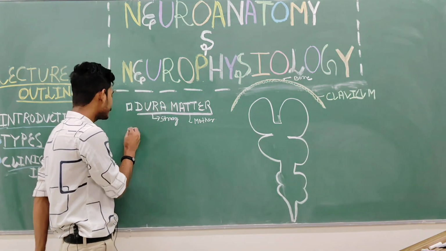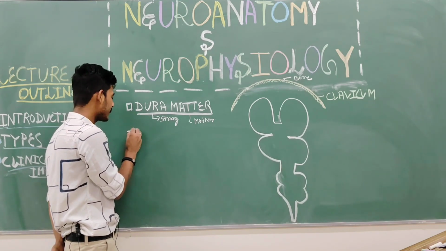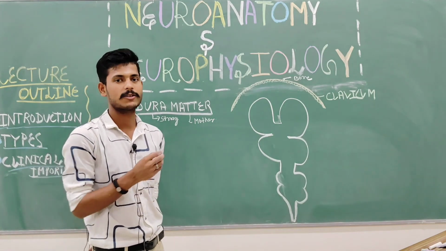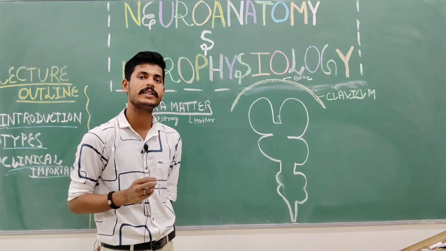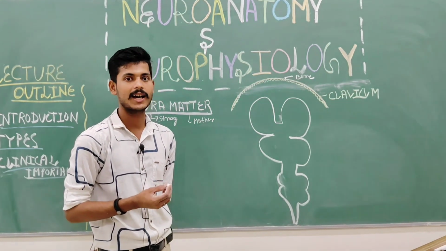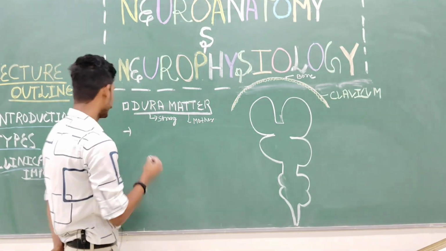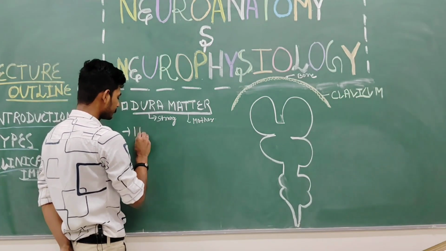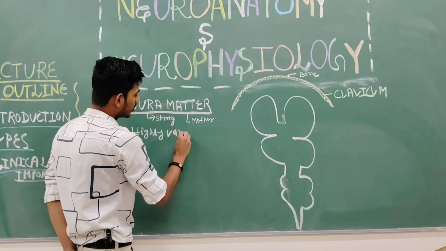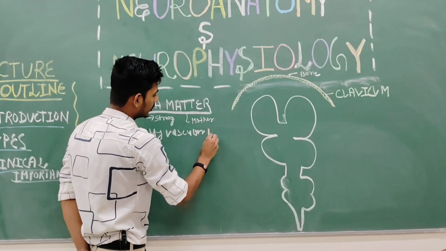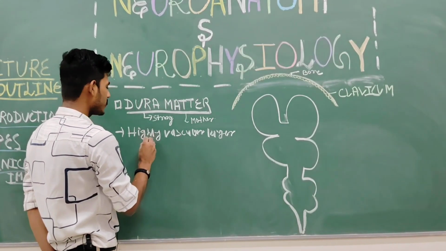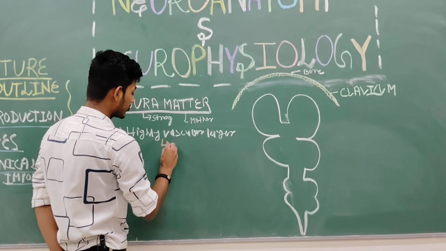The second thing is that initially scientists thought the dura mater was an avascular structure, that there was no blood supply in the dura mater. But now research reveals that the dura mater is a highly vascular layer. Mainly the artery which is present is important.